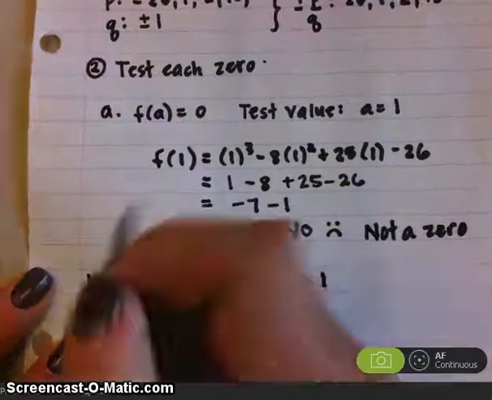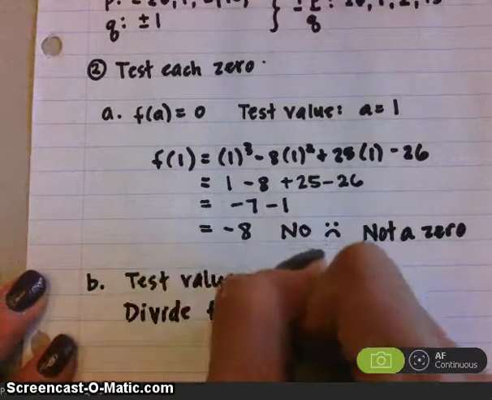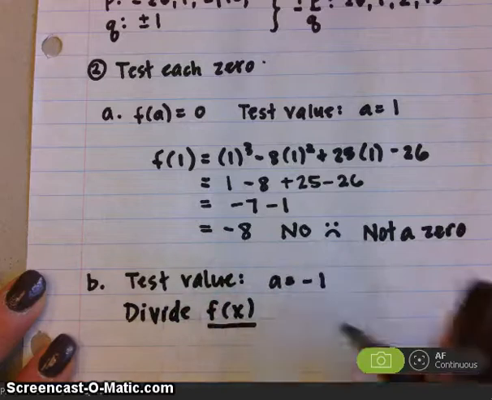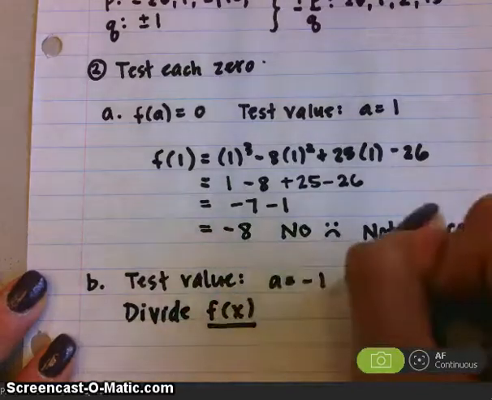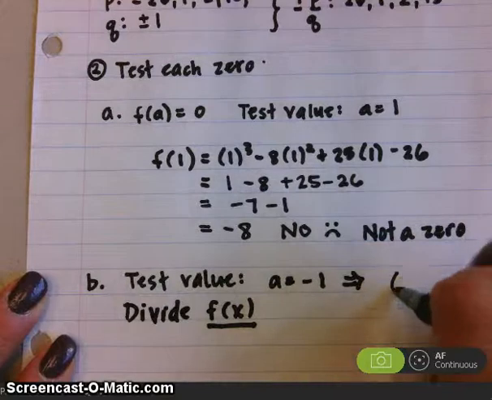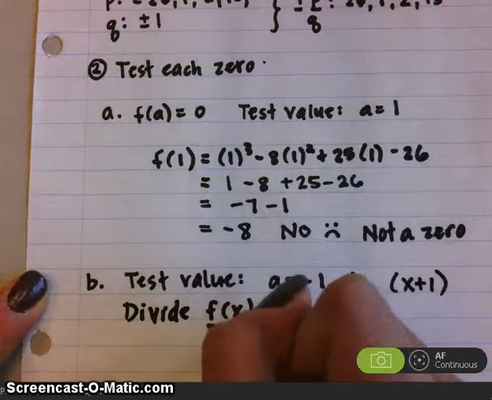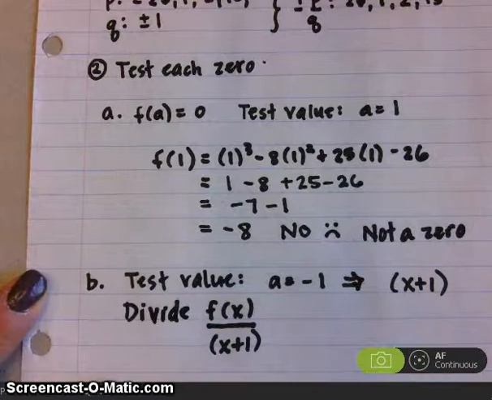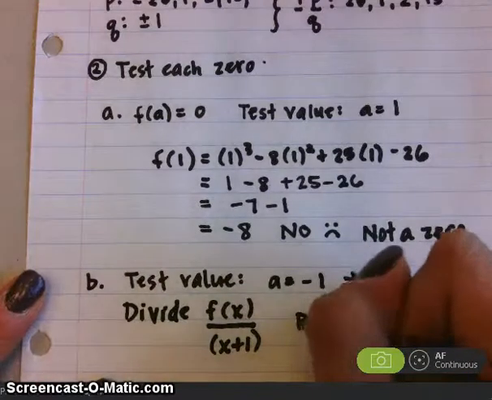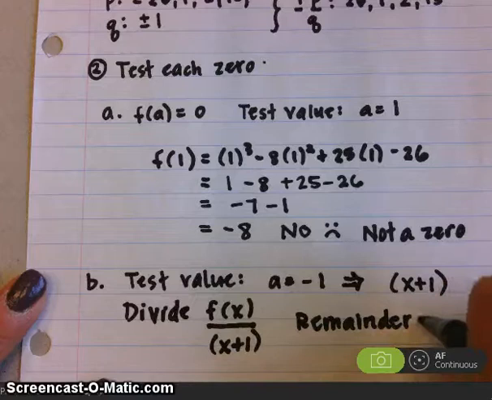So I could divide my f of x, my original function, by the factor that corresponds to the zero that I'm trying to test. And if negative 1 is the zero, then x plus 1 is the factor that corresponds to that. So I want to divide those out. And if it is a zero, then the remainder will equal 0.